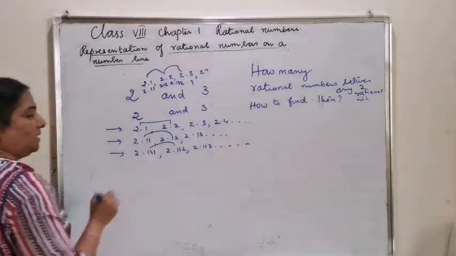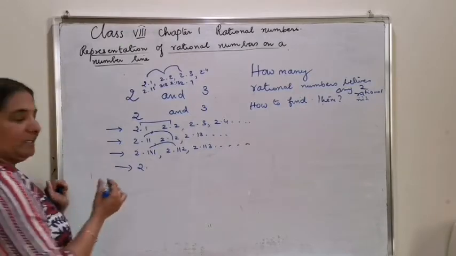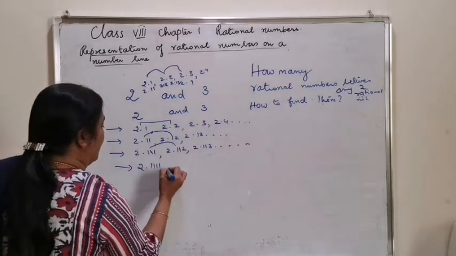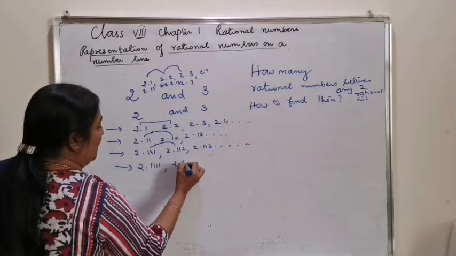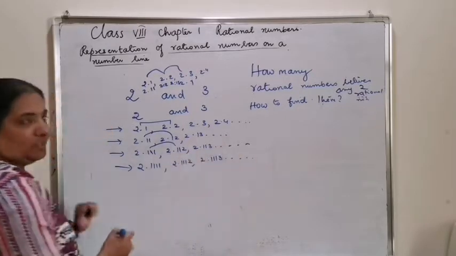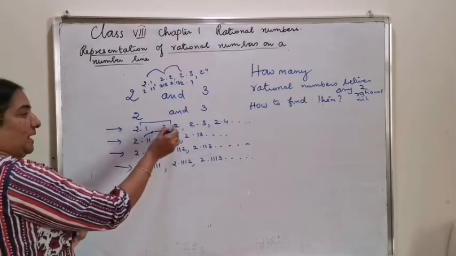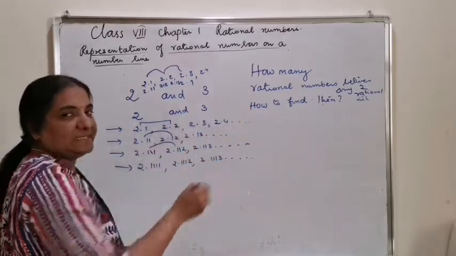Between 2.111 and 2.112, you can divide as 2.1111, 2.1112, 2.1113 and so on. Thus, these are only the numbers between 2.1 and 2.2. What about the remaining set?